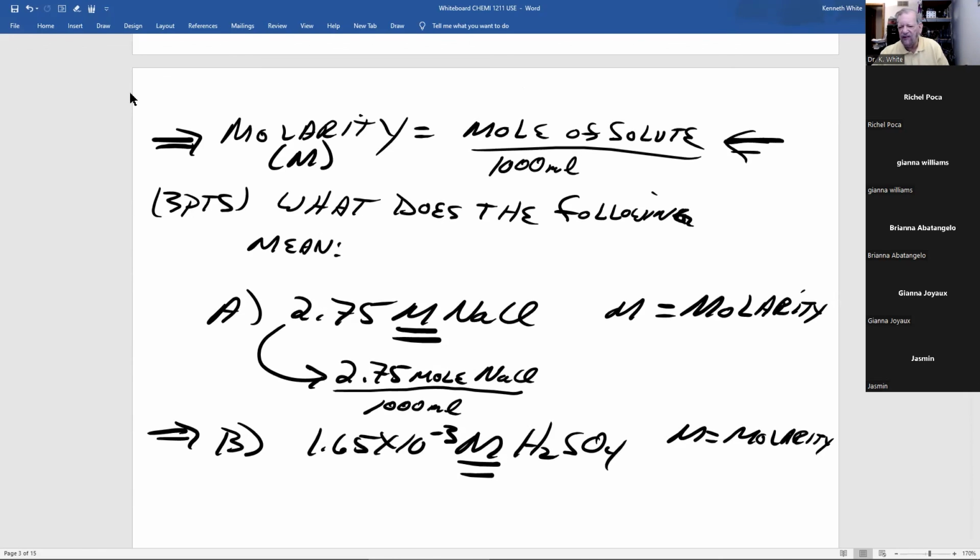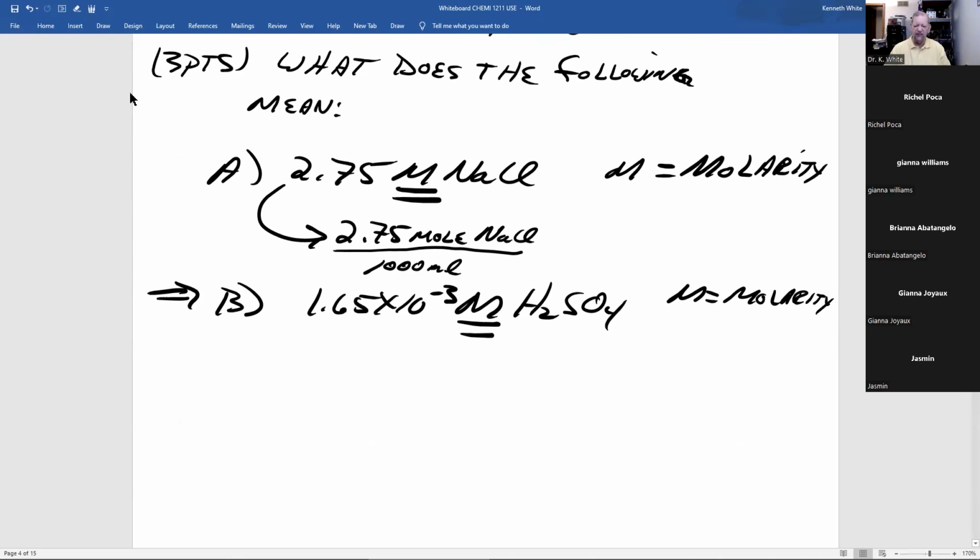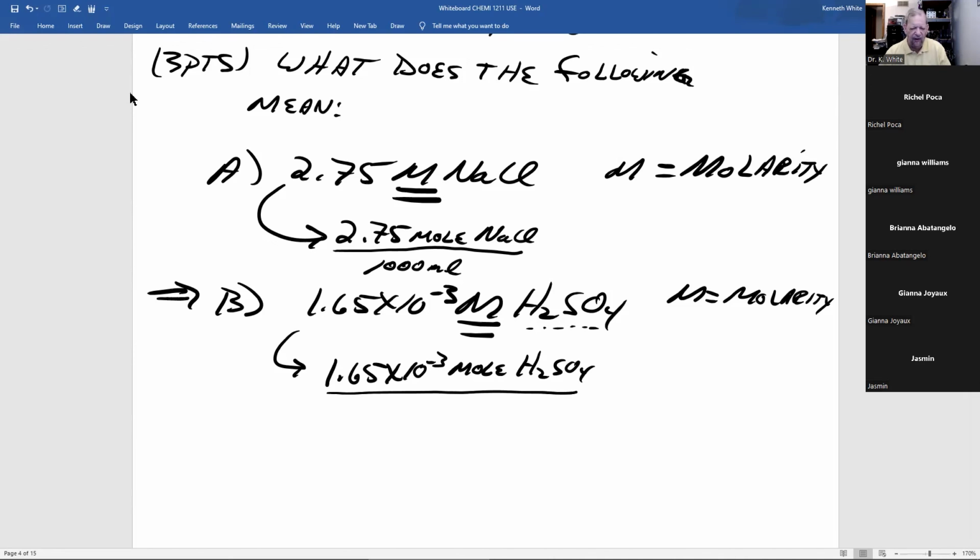It's moles of solute per 1,000 milliliters of solution. And after the capital M, what you see, a chemical formula, that's the solute. So what it really means, 1.65 times 10 to the minus 3 moles of solute, and the solute is H2SO4, you'll learn later on that sulfuric acid, per 1,000 milliliters.